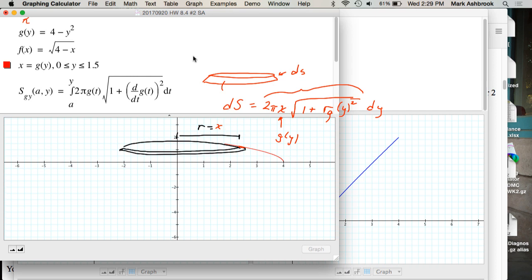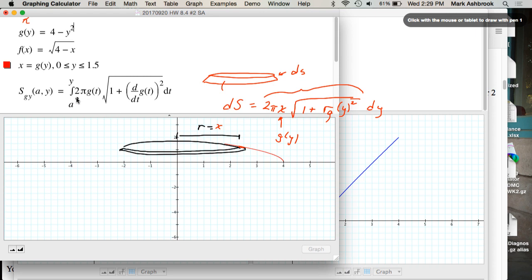This is the whole thing. So it's the rate times the little change. So ds is the rate of change of surface area times a little change. So this is the rate of change of surface area, and then our ds is our little change in arc length.